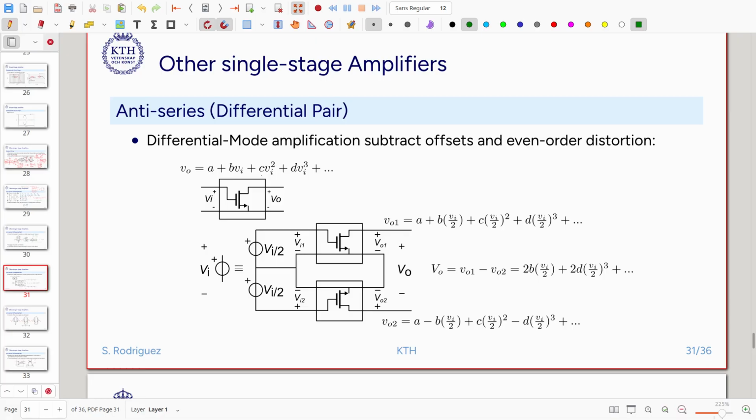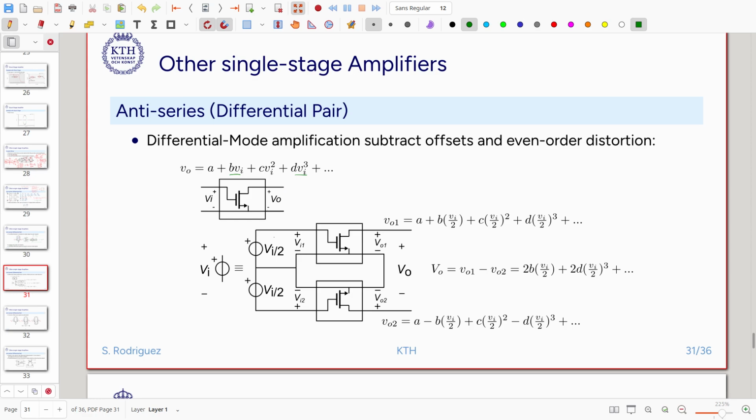In strong inversion, there is always some quadratic dependence there, but it can actually have other dependence than quadratic. We can model this as a Taylor polynomial, in which higher order terms might appear. We can see directly that a single transistor has an amount of distortion that is always going to appear at the output.